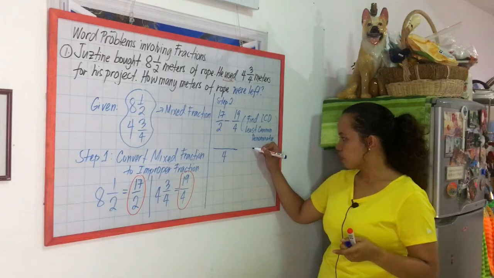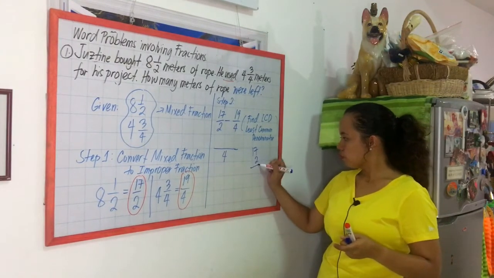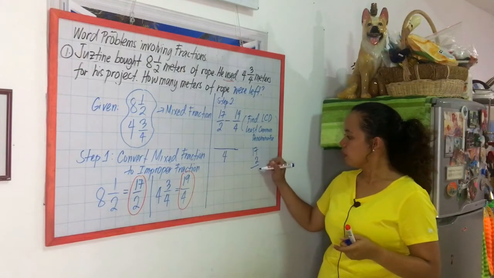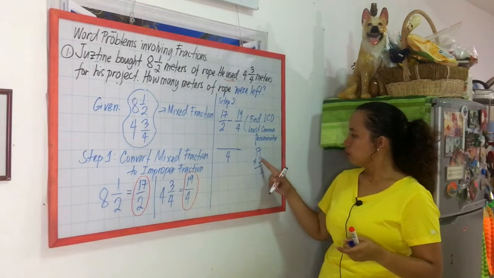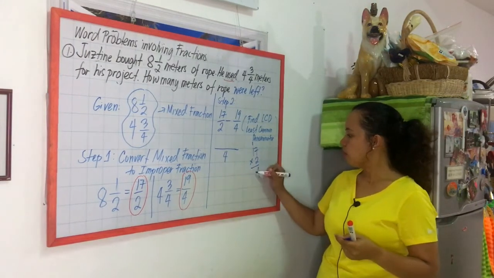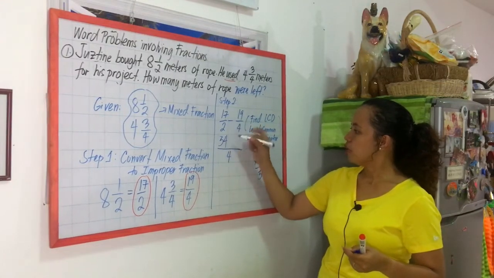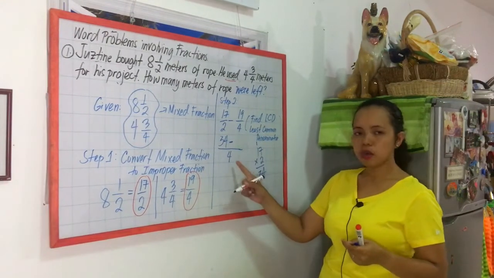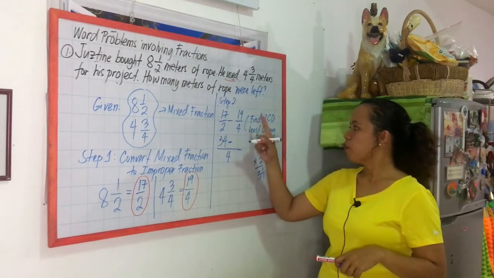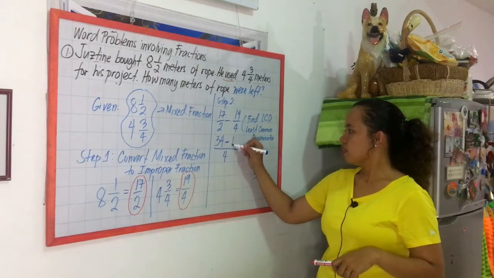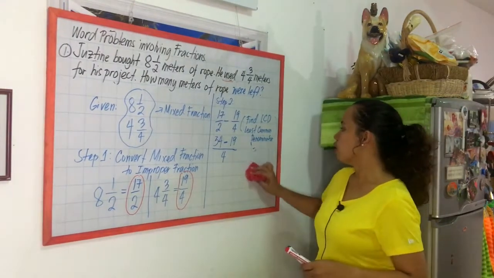We can do it in a scratch paper kung walang calculator. 17 multiplied by 2. 2 times 7, 14, carry 1. 2 times 1 is 2 plus 1, so 34. So, the answer is 34. Then, copy minus. Next one, 4 divided by 4, it's 1. 1 times 19, so the same, 19.